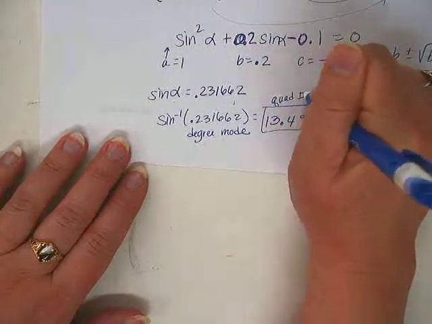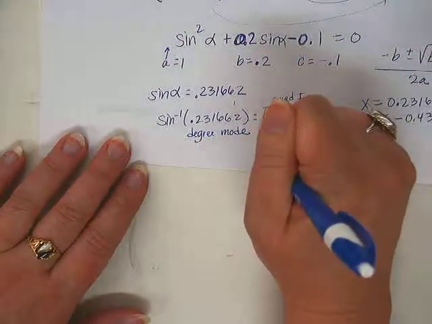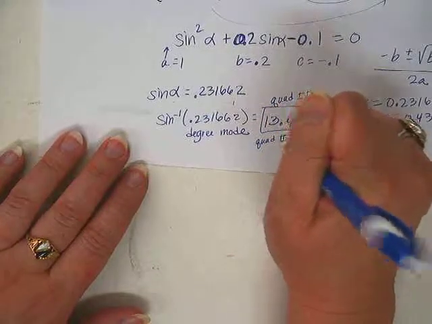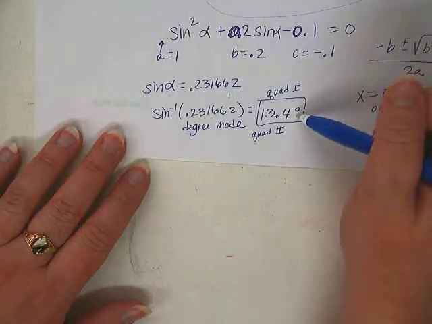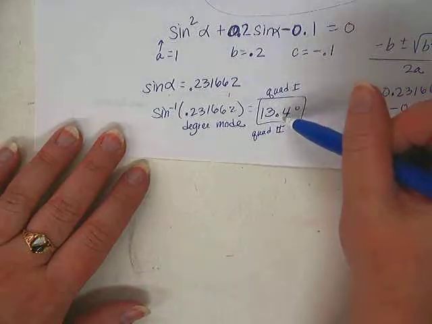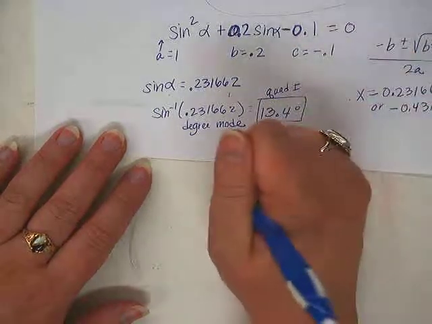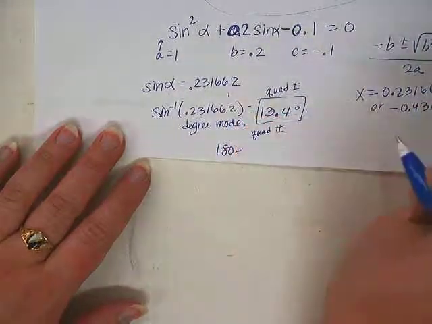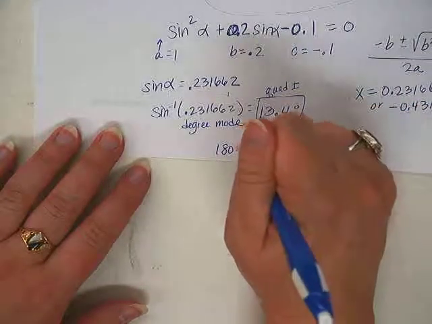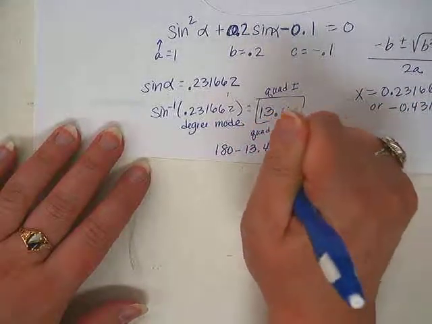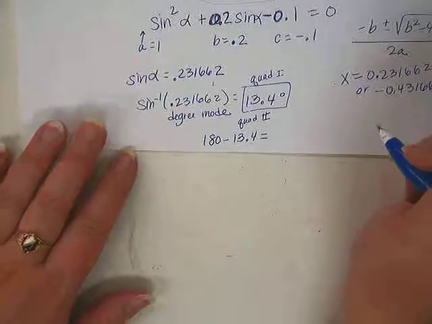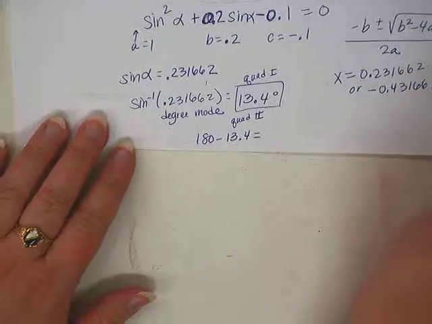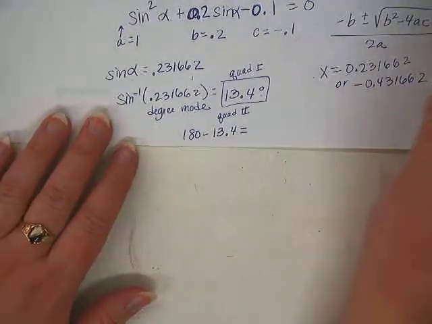But we have another possibility. So this would be quadrant 1, but where else is sine positive? Quadrant 2. So in order to get the quadrant 2 answer, this is like the reference angle. Yeah, perfect. So the calculator won't do this part for you.